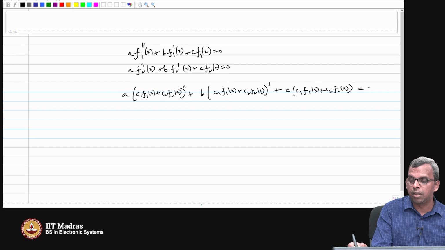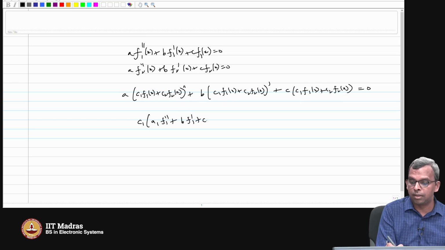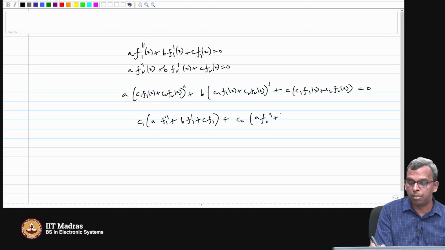You see, if you do this, the derivative just goes into the summation, just the property of the derivative, and then combine things together, you see that this will just be c1 times a f1 double prime plus b f1 prime plus c f1, plus c2 times a f2 double prime plus b f2 prime plus c f2. I'm just going to write it in a very quick way.